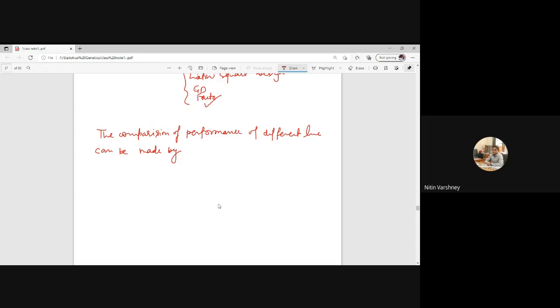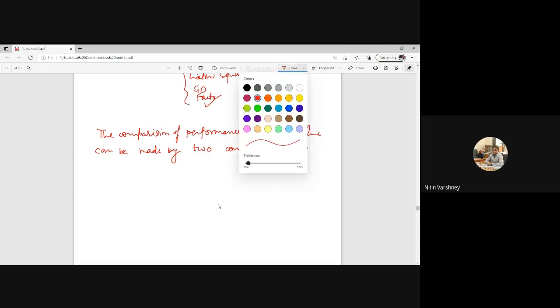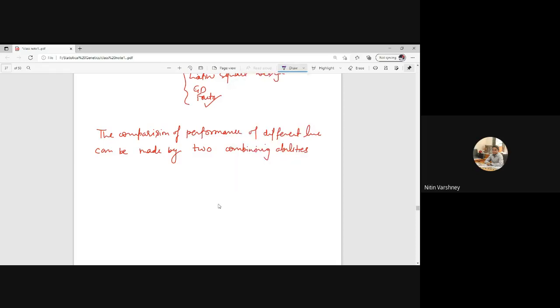If you remember the term, there are two combining abilities. Which ones? General and specific. Yes, general combining ability, and the second one is specific combining ability. General and specific.